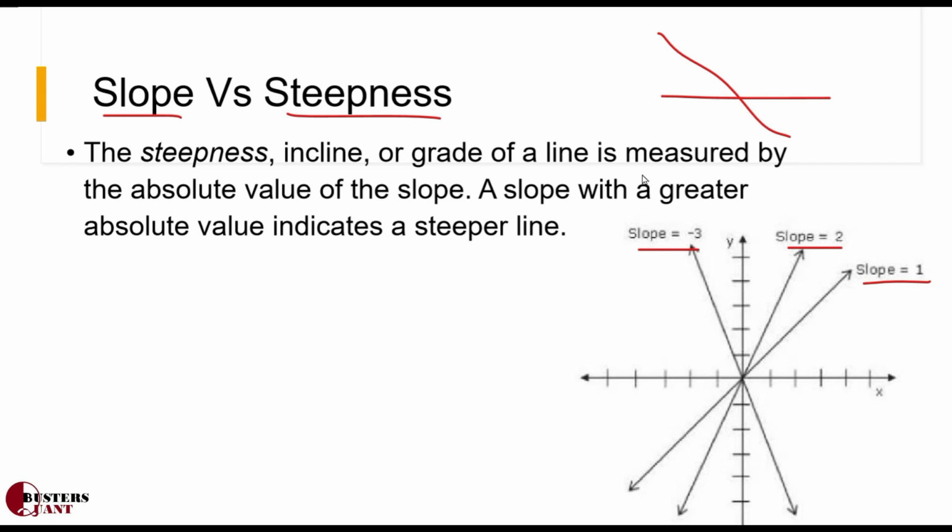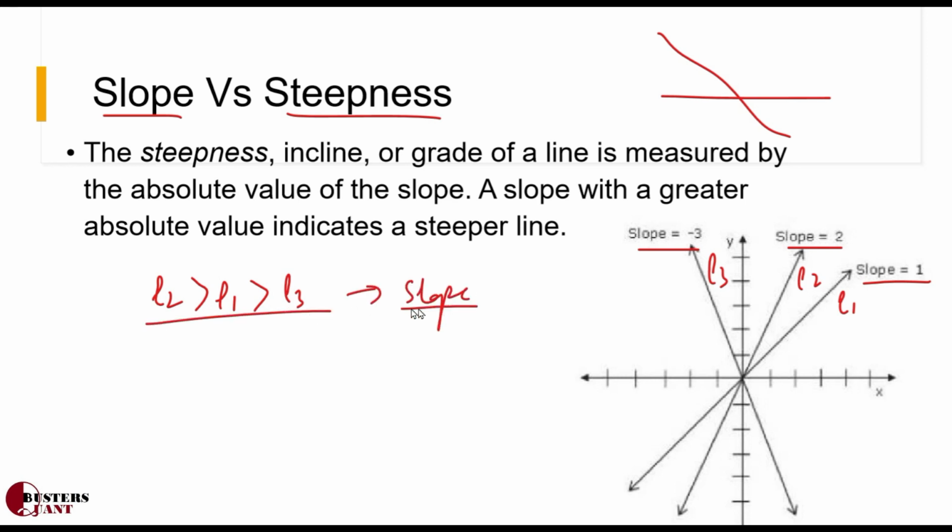Suppose this is L1, this is L2 and this is L3, then we can say the slope of L2 is greater than L1, which is greater than L3, right? This is for slope.